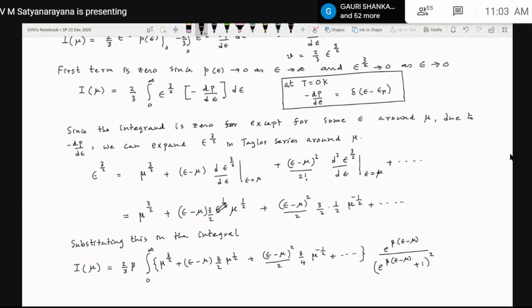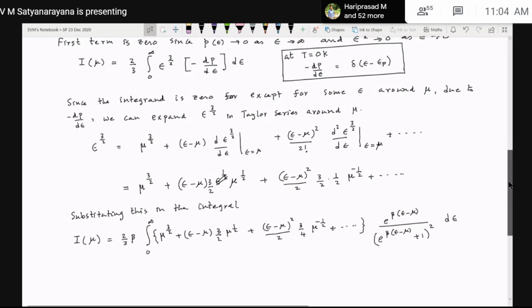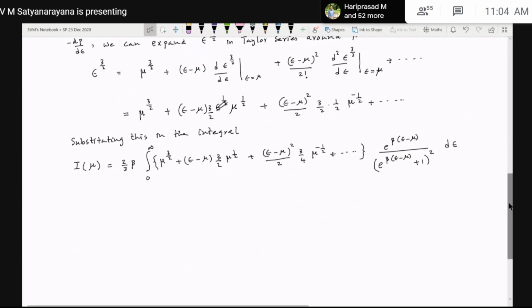And what is this integral over d epsilon? Okay. So now you have to integrate this term by term.